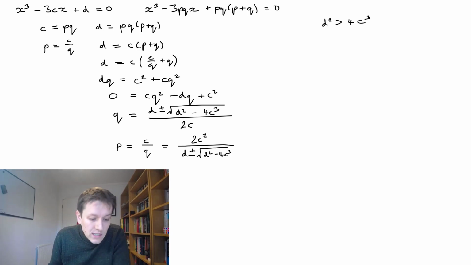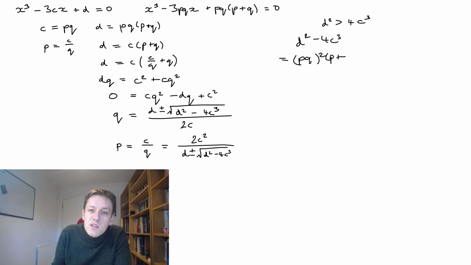You could do that. But another way is to actually start with this condition directly and say, okay, D squared minus 4C cubed, what would that be equal to? Well, if I go back to my definitions here, that's going to be PQ squared times P plus Q squared minus 4 times PQ cubed.